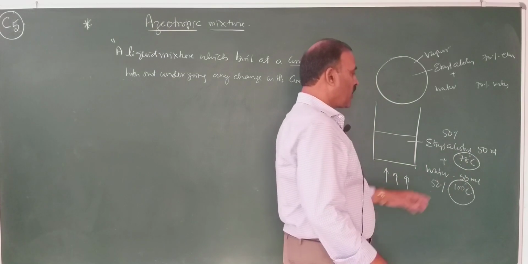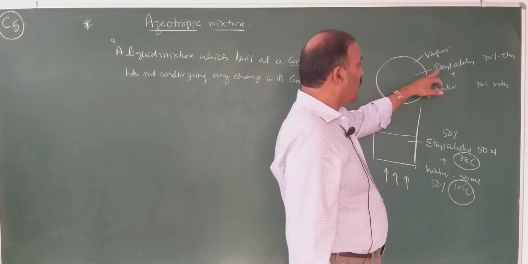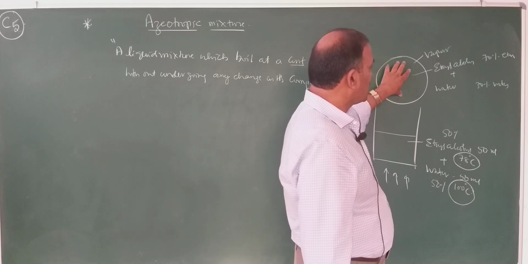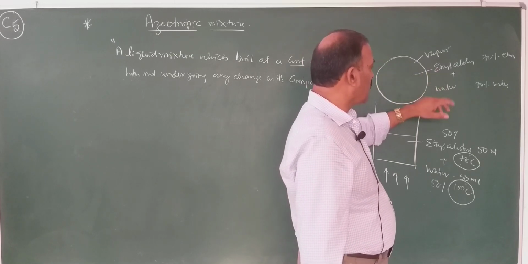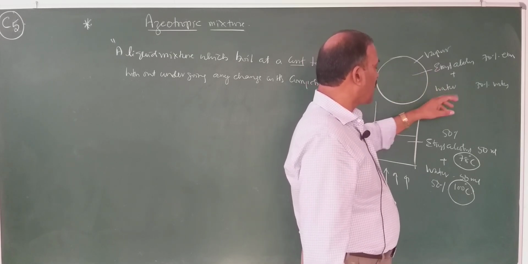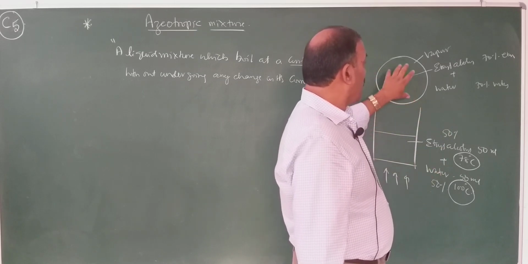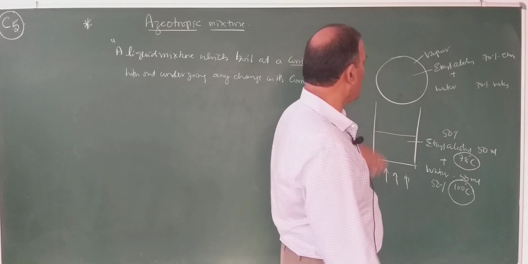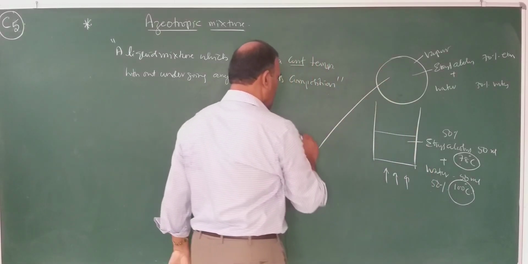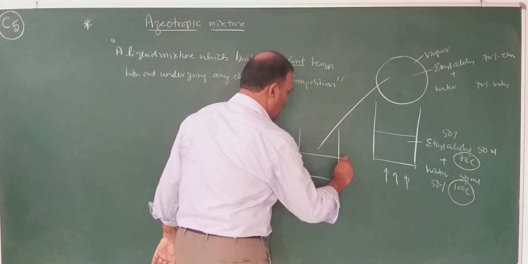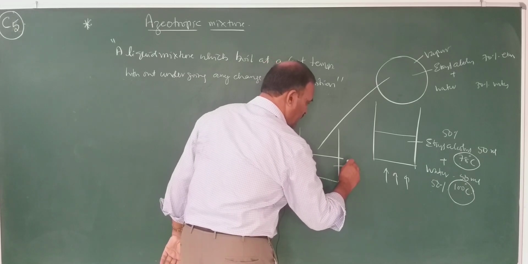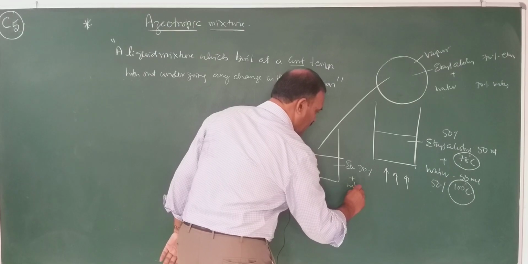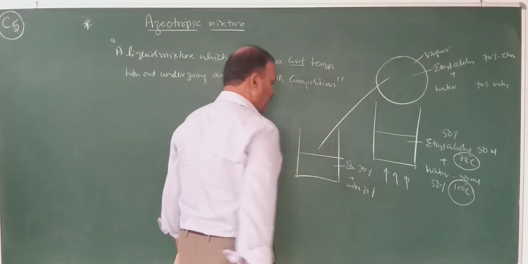Since its boiling point is less, ethyl alcohol boils first and the vapor contains more percentage of ethyl alcohol when compared to water. So when these vapors are condensed, you will get again a liquid mixture which contains ethyl alcohol 70% plus water 30%.